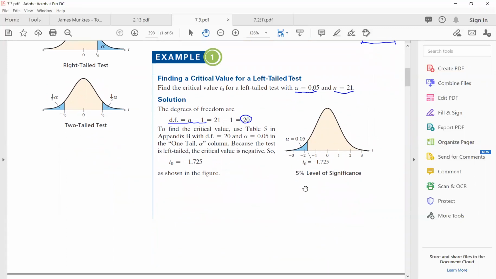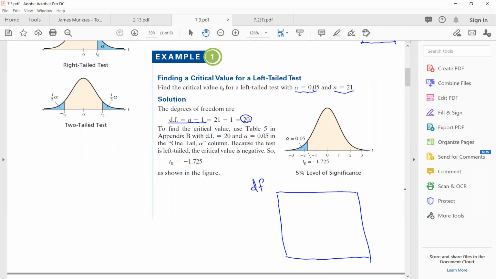To use our t-table, the degrees of freedom are on the first column, which is 20. And on the first row, you have your alpha. Since you have a left-tailed test, you have your one tail alpha equals 5%.